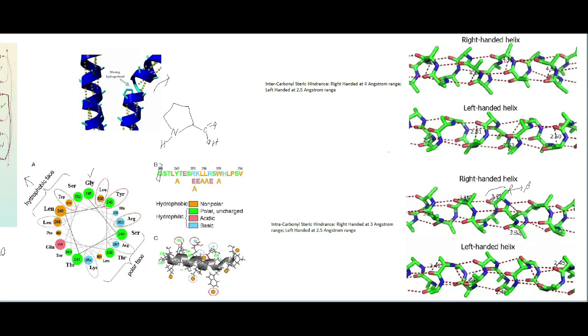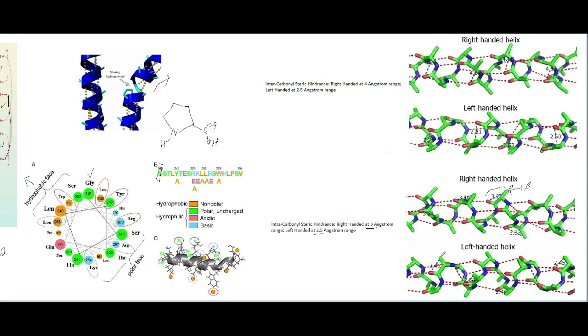So I wrote here that the right-handed is about 3 angstroms range, where with the left-handed it's smaller at about 2.5 angstroms. It's kind of hard to see, but it says 2.42 here.